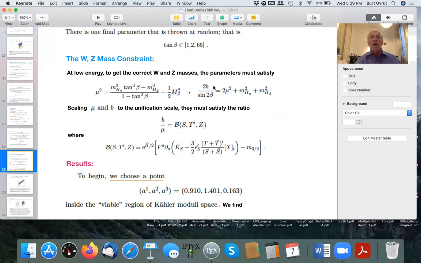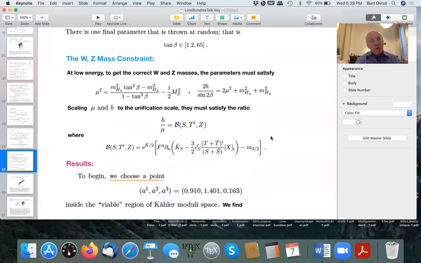It comes from gaugino condensation. It doesn't matter. What is true is that when you go back to the unification scale, you can compute B over mu, and it's got to be given by a particular function. That function is given by that. And we will see that when you do this, you don't always satisfy this, but sometimes you do, and we'll be very clear about that in a moment.